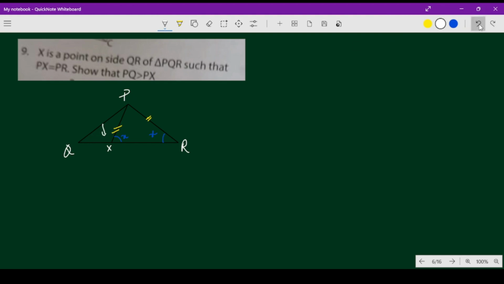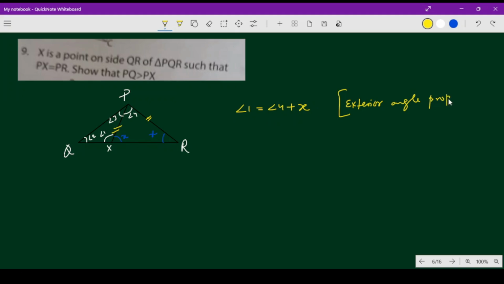So if we are able to figure out the relation between these angles, let's say this is angle number 1 and this is angle number 2, then we can compare PQ and PX. Let me mark this as angle 3 and this as angle 4. Now if we carefully pick this triangle PXR, then we can find that angle 1 is equal to the sum of angle 4 and angle X with the exterior angle property.